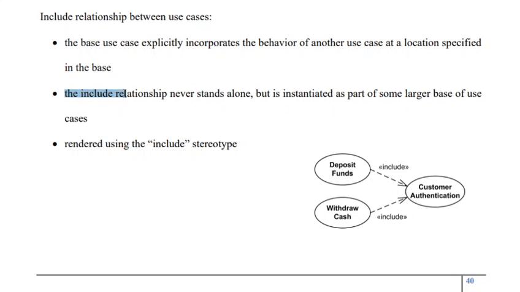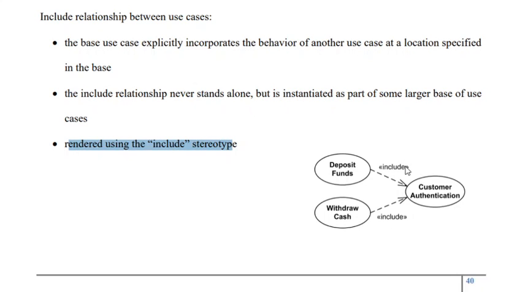The include relationship never stands alone, but it stands along with the behavior of the extension point or the inclusion point, as we call it. So include relationship never stands alone, but it's instantiated as a part of some larger base use case, and it's rendered using include stereotype.